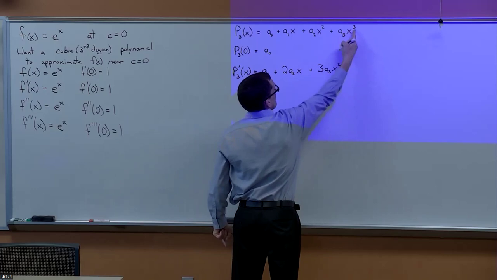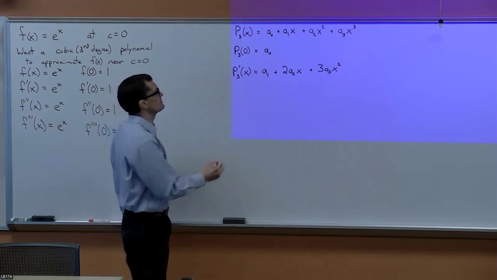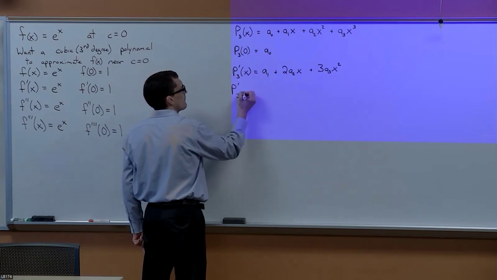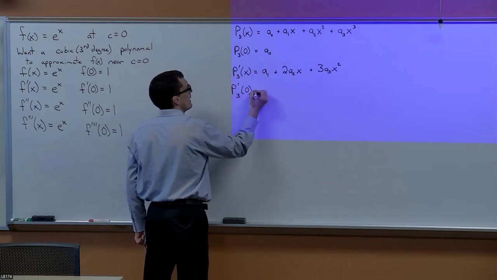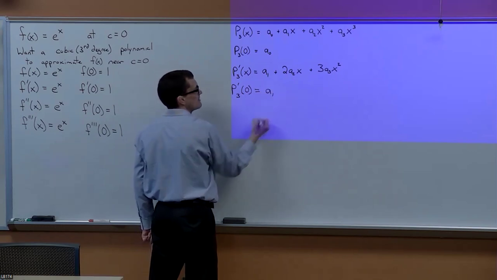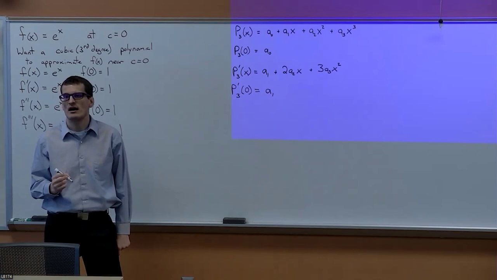Again, with the derivative, I'm just taking the exponent out front and then lowering the exponent by 1. Notice what happens when I plug in 0 into the first derivative. I simply get my coefficient a1.